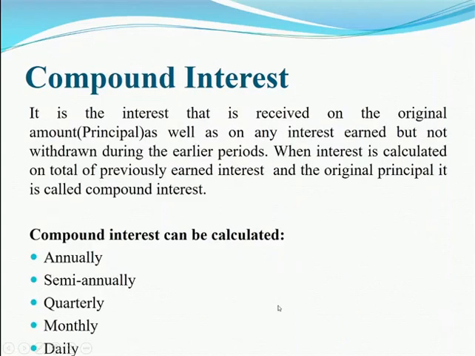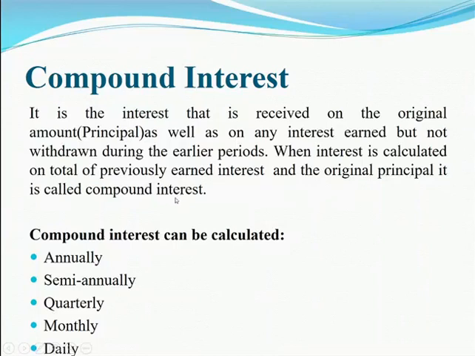Moving ahead, let us understand what is compound interest. It is the interest that is received on the original amount, that is original principal, as well as on any interest that is earned but not withdrawn during the earlier periods. When interest is calculated on the total of all the previously earned interest and the original principal, it is called compound interest.